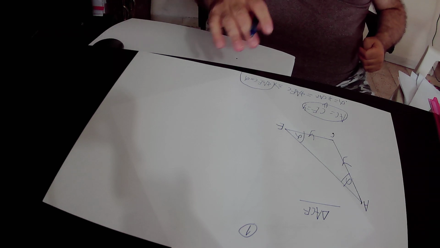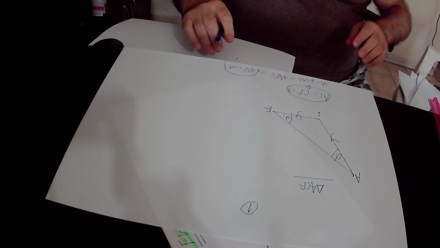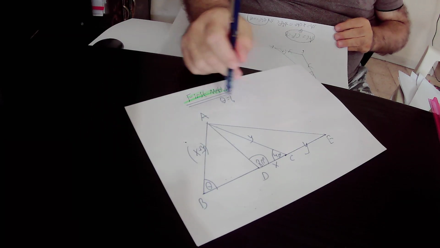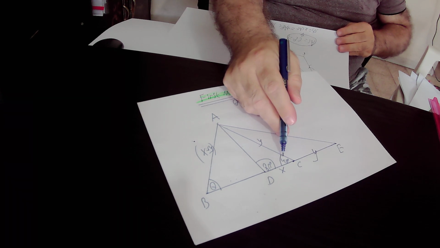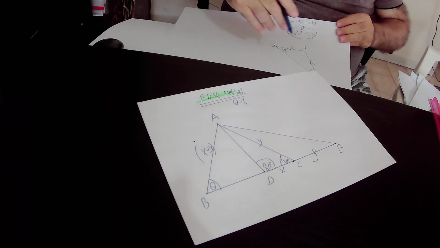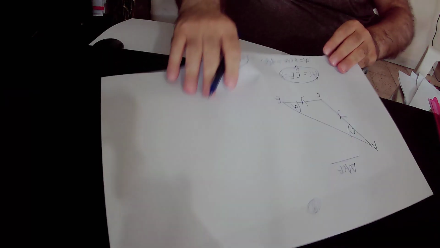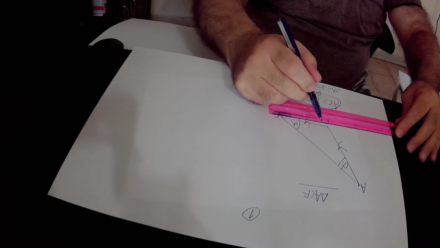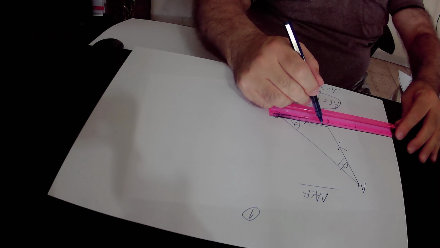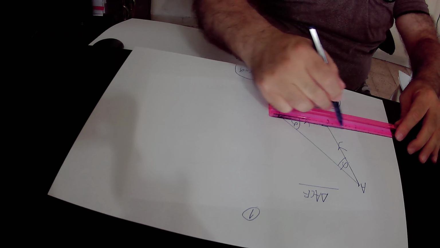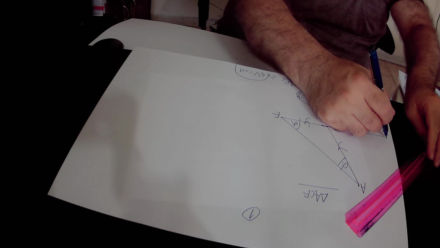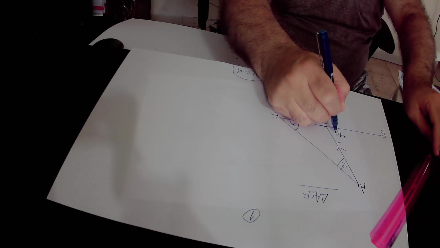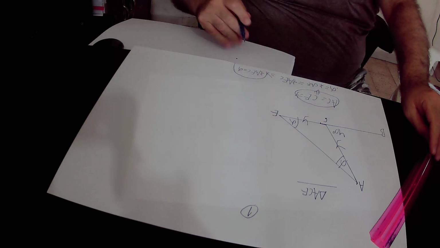In the next step, I will copy angle ACB, that is equal to 40 degrees. I will copy it here to this drawing. So this angle ACB is equal to 40 degrees according to what is given in the question.